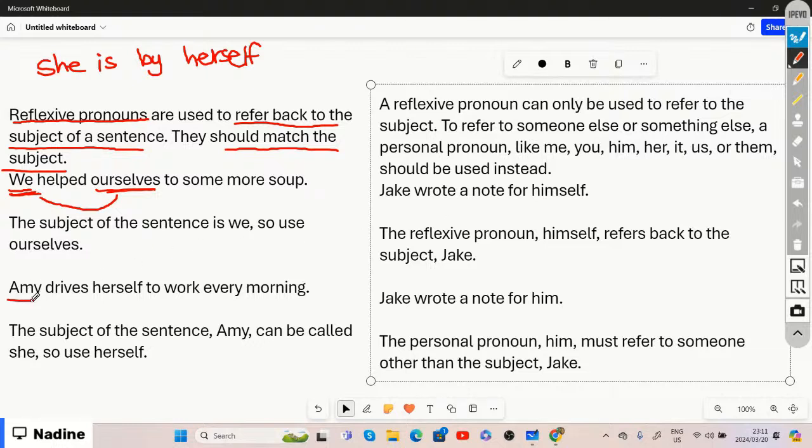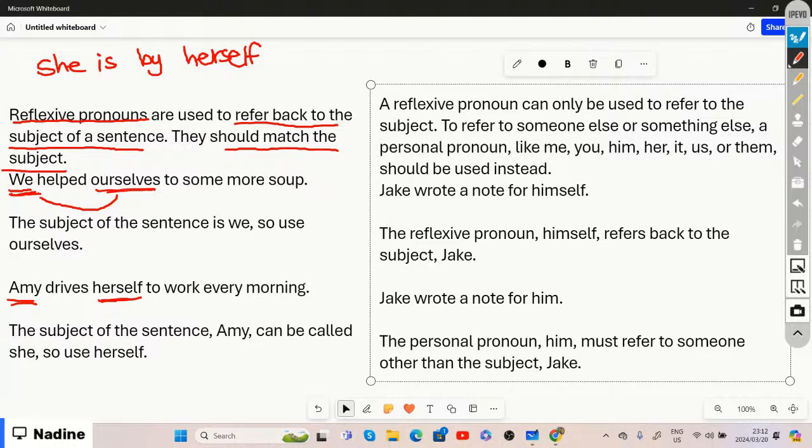Amy, who is a girl, drives herself to work every morning. It's basically the same as the sentence made here in the chat, where it says the girl is by herself.